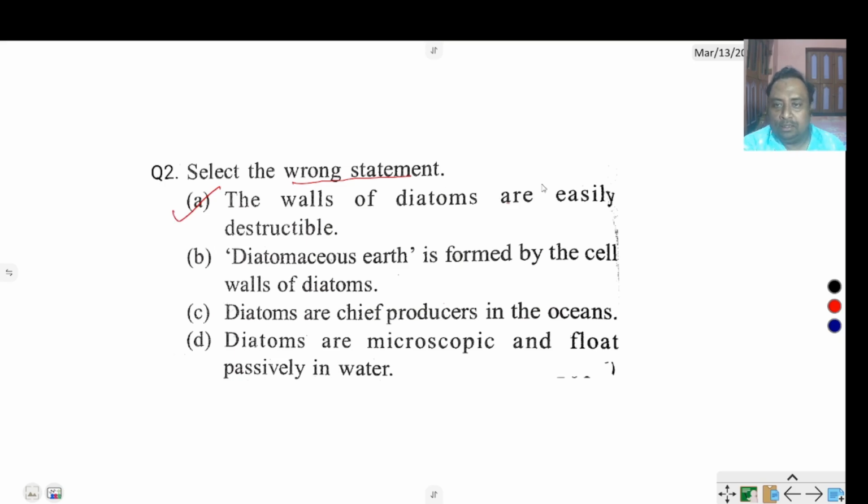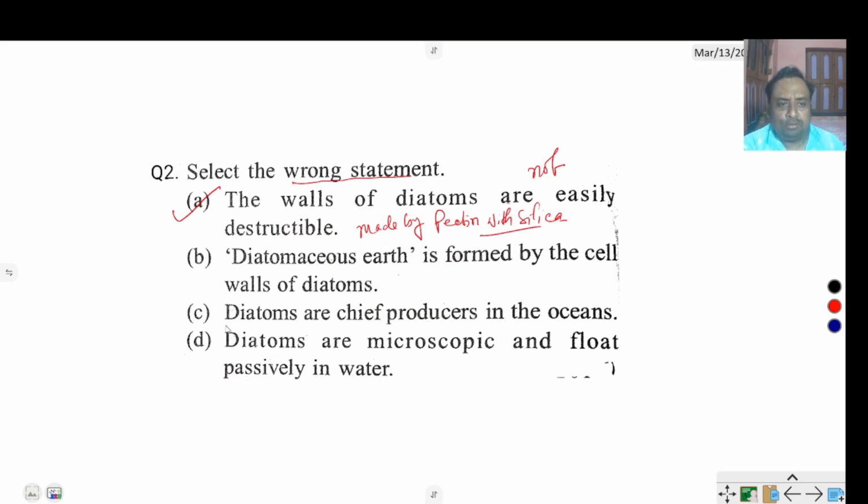Because diatoms are not easily destructible; their cell wall is made of silica. So diatoms are not easily destructible.